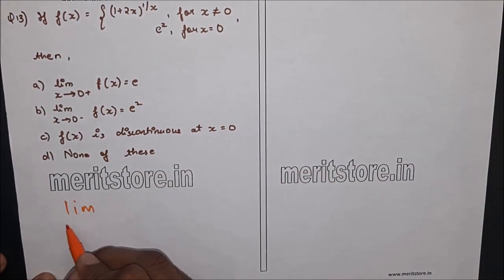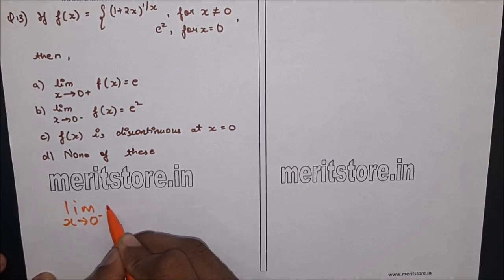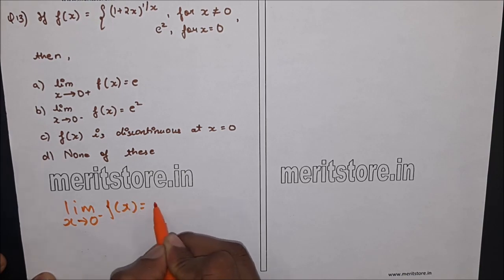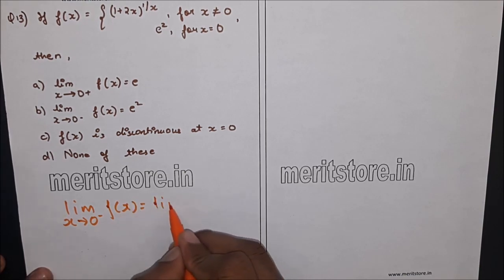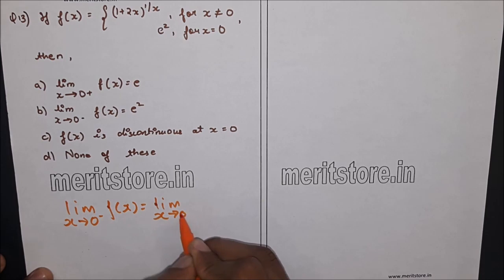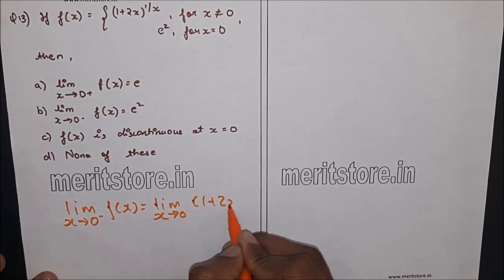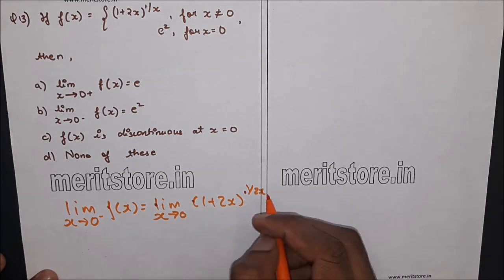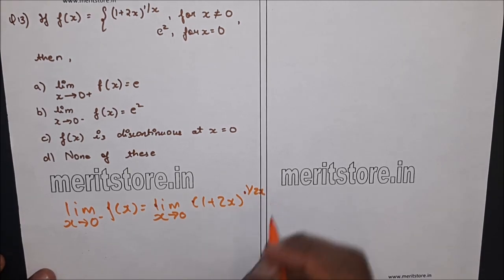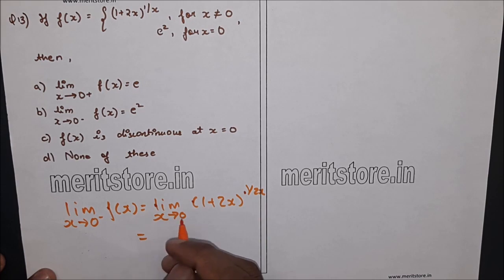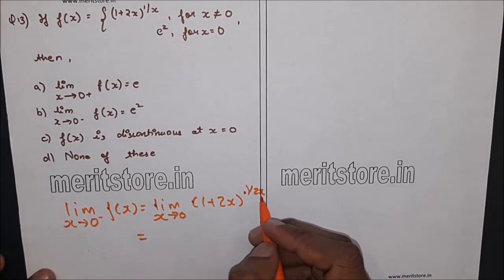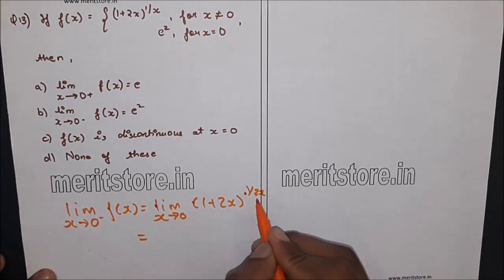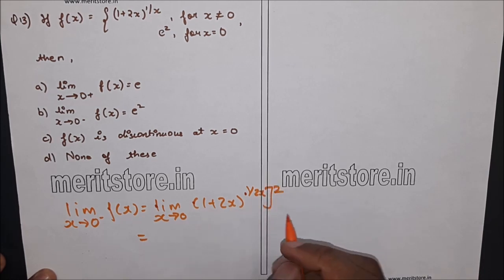The limit as x approaches 0 from the left hand side of f(x) is the limit as x approaches 0 of (1 + 2x)^(1/2x), raised to the power 2.